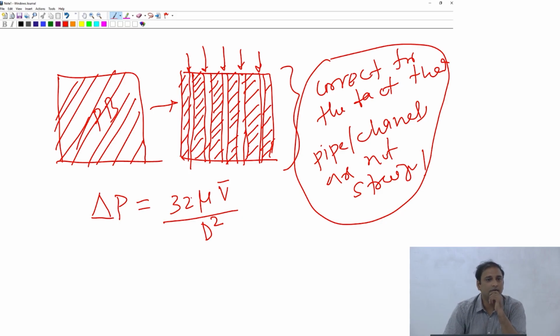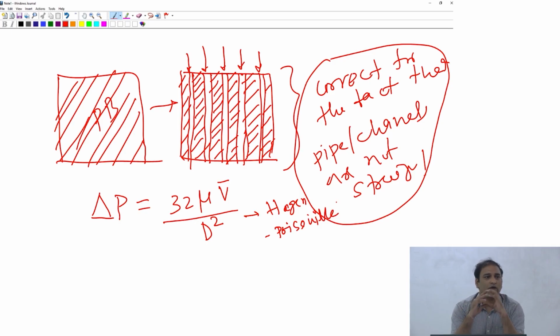What is that? Any thoughts? I'm going to write down the name of this equation. Hagen-Poiseuille equation, right? You remember this?